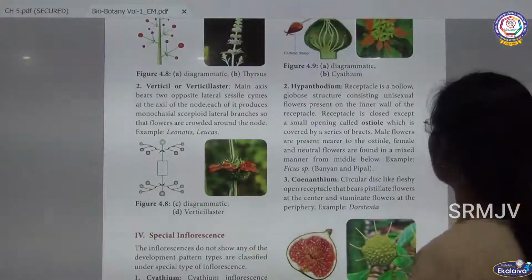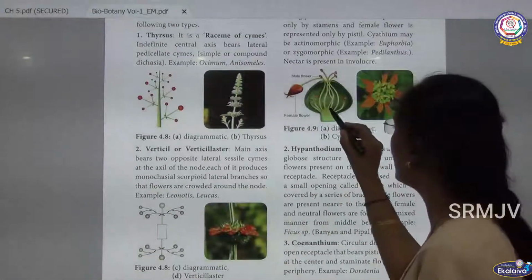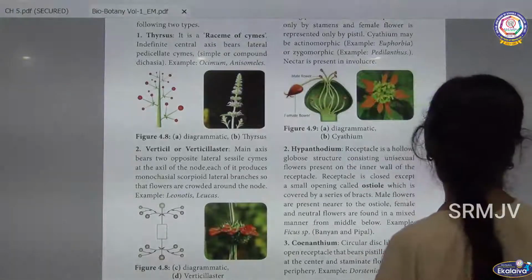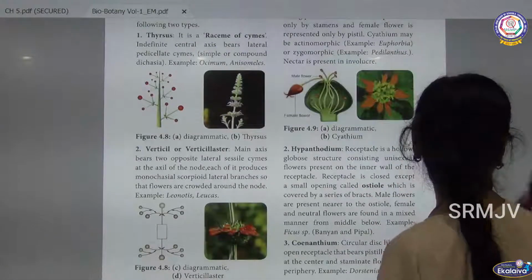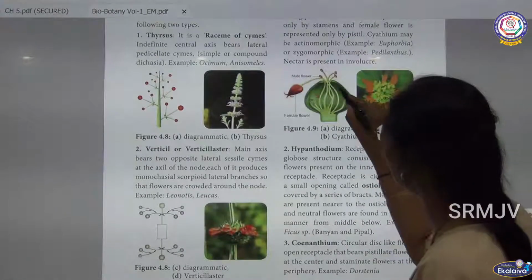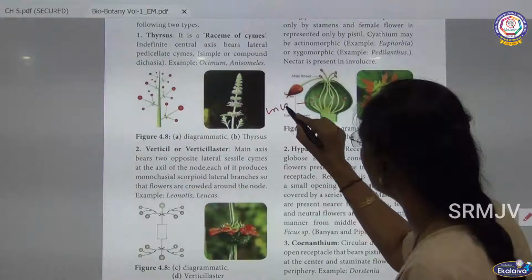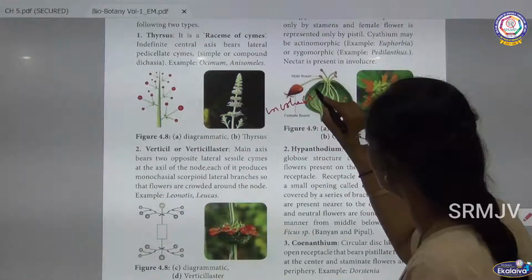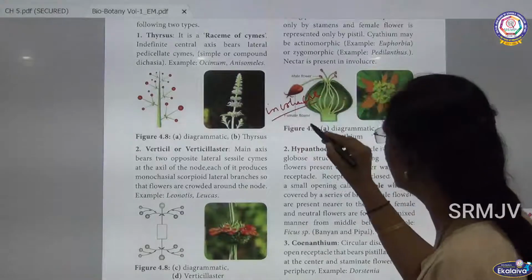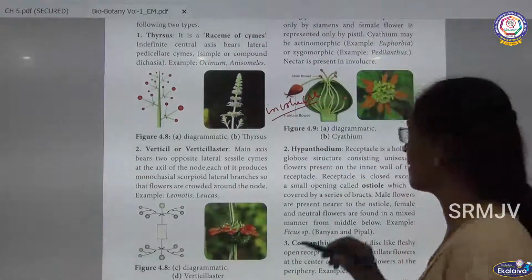In this picture of a cyathium inflorescence, you can see the unisexual flowers, and these unisexual flowers are covered by what we call the involucre. So you will find the involucre and the unisexual flowers.